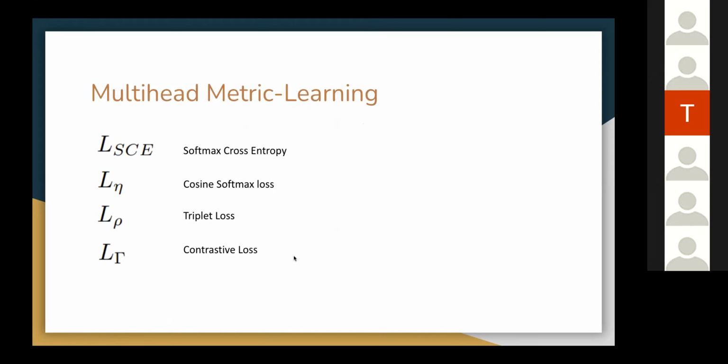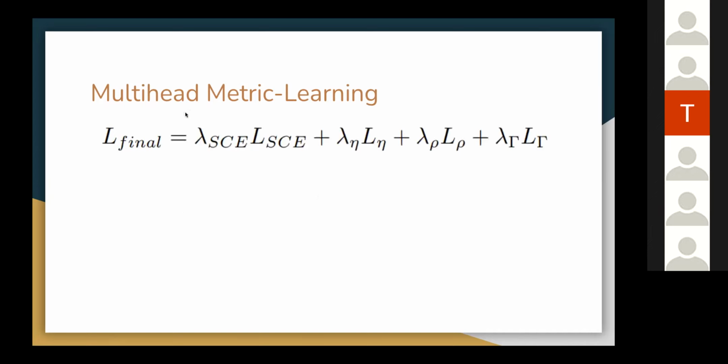So these two are forcing the encoding to be meaningful, while these two enforce higher accuracy. Overall, their loss function looks like this, where they just put different weights onto each term. They did an ablation study on this where they tried different weights and outlined it. Later on, I have not done it yet, I would like to implement this into my project.